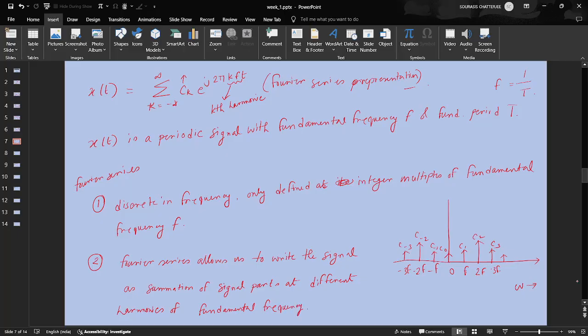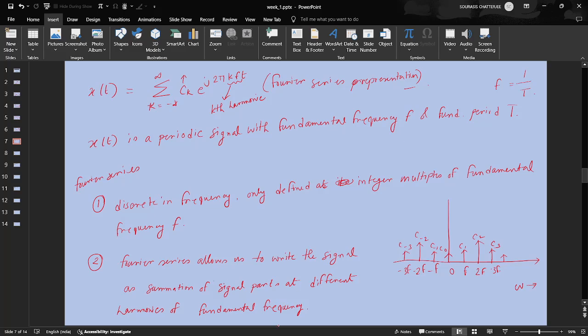So you see, the Fourier series is closely related to the fundamental frequency of the signal. First of all, it's only defined for integer multiples of the fundamental frequency, and it allows you to write this x(t), this whole signal, as a summation of its signal parts at different harmonics of the fundamental frequency.